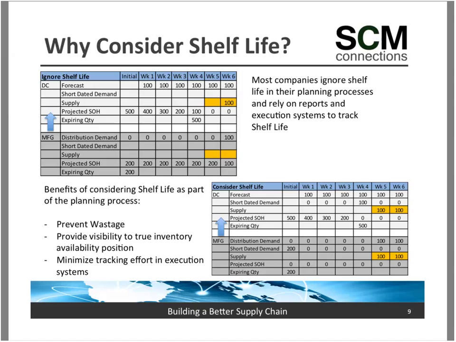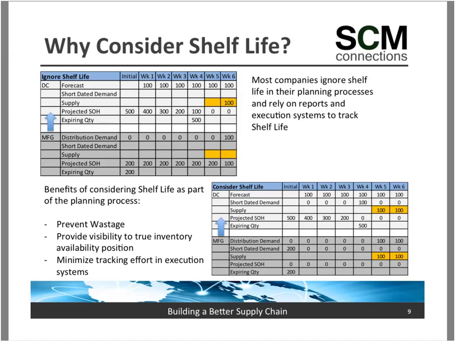So you've got your projected stock on hand over here, and you've got expiring quantities over here, which could be in the form of inventory, or of any kind of planned receipts that could be expiring as well.